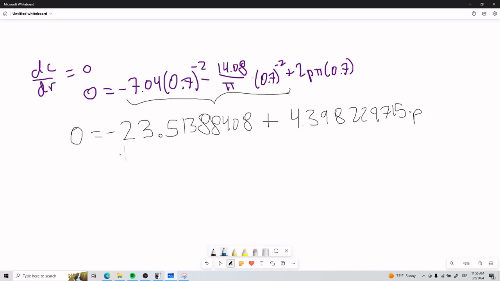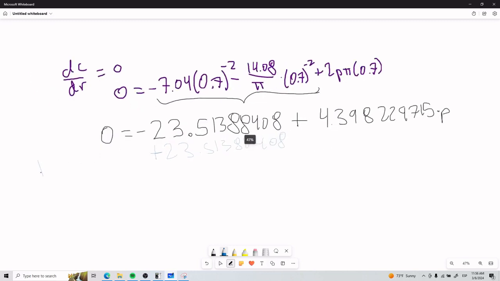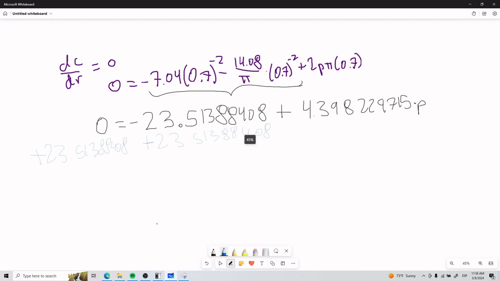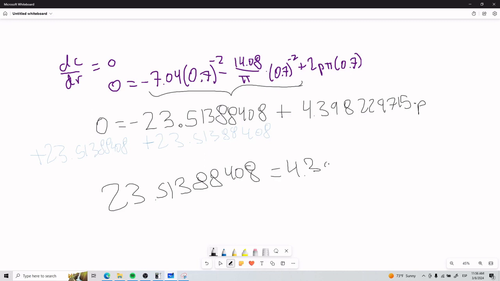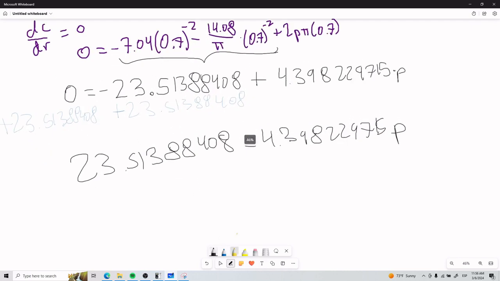So here I can do plus 23.51388408 to both sides. Golden rule of algebra, always do it to both sides. So here I end up with 23.51388408 equals 4.398229715 p. You can do significant figures, but for some reason I didn't.